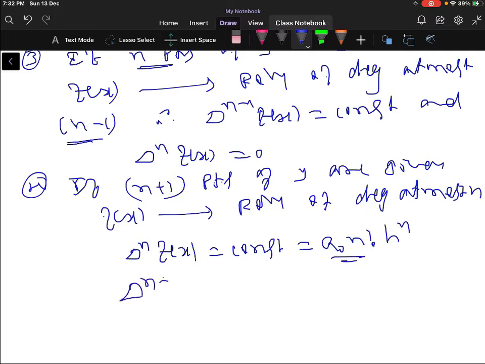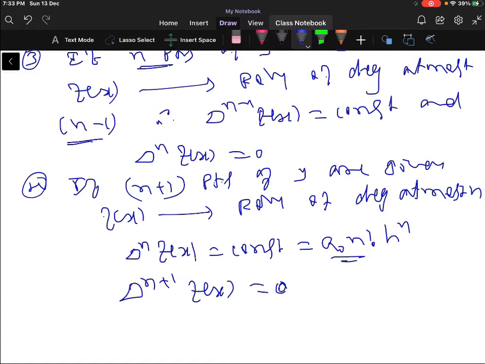It is a constant term, and delta to the power of n plus 1 of f of x is equal to 0. So from the note you can conclude that if n plus 1 points of y are given, we can determine a polynomial of degree at most n.